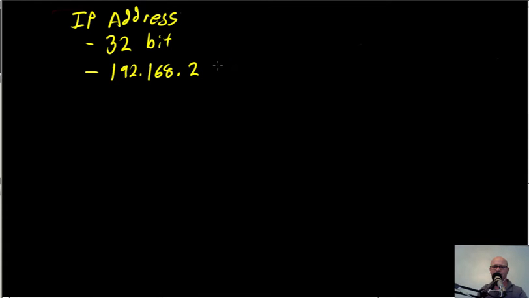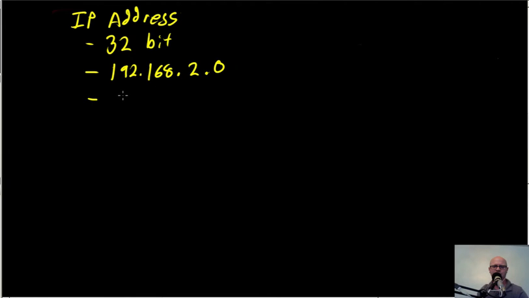Or you might have seen something like .0, which is a network address, and we'll get to what a net ID or a network address is a little later. So IP addresses are divided into 2 separate sections.